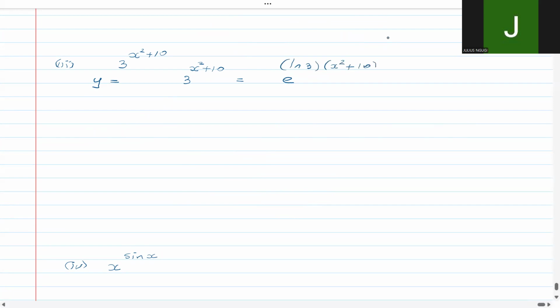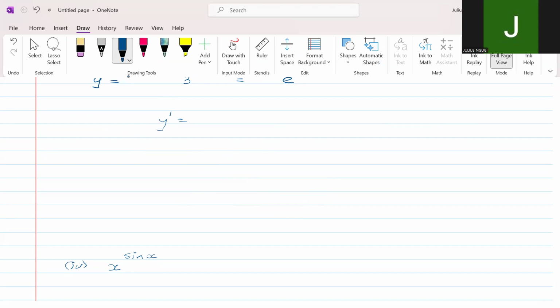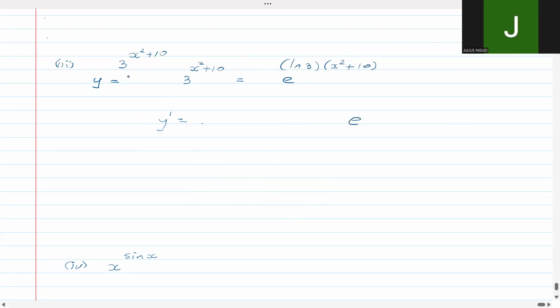And the good thing with an exponential function when finding the derivative, y prime will be equal to the function the way it is, e to the (ln 3)(x squared plus 10).